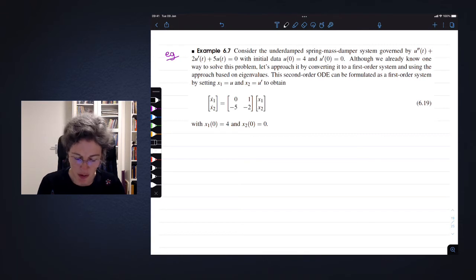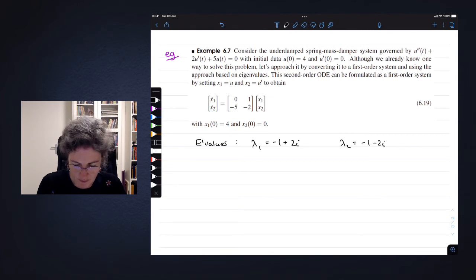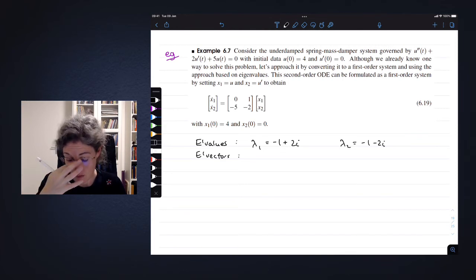Okay, so I hope that you gave this one a try. If you did, what you should have found was that the eigenvalues are complex. And the associated eigenvectors will look something like this. So your eigenvectors might be multiples of these, but they should look similar.